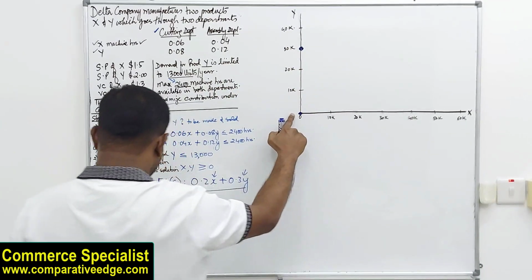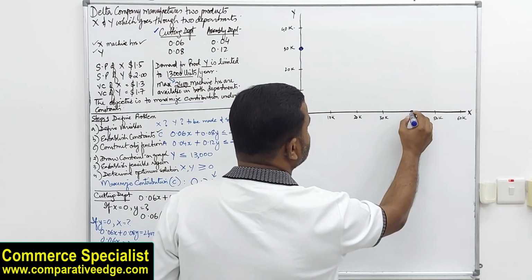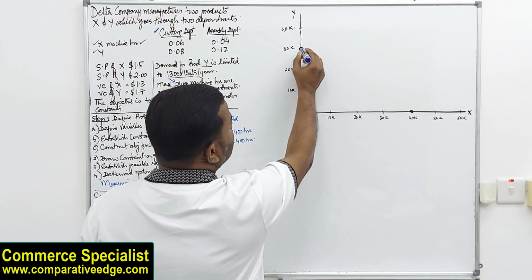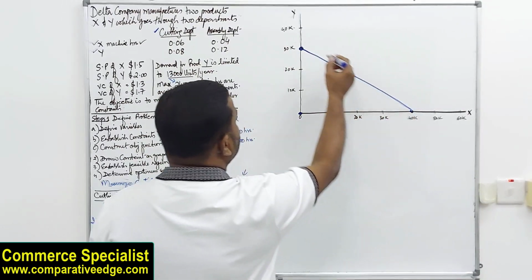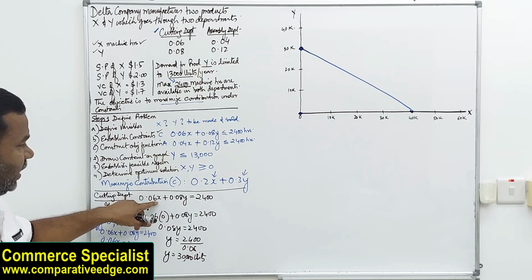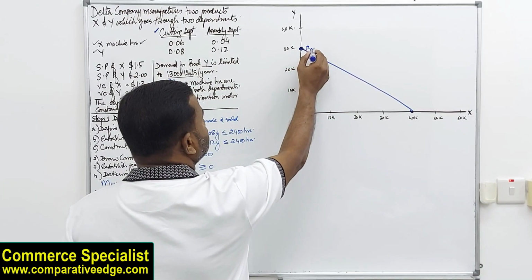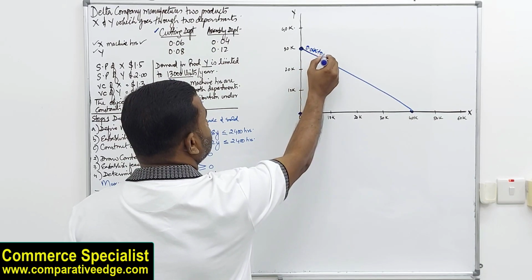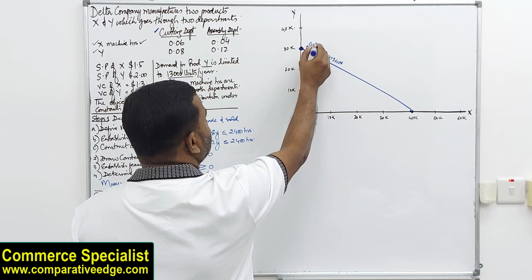When y is 0, x is 40,000. X is 40,000 here. So what I can do is join these two points and write here the equation for cutting department: 0.06x plus 0.08y is equal to 2400, and this is cutting department.